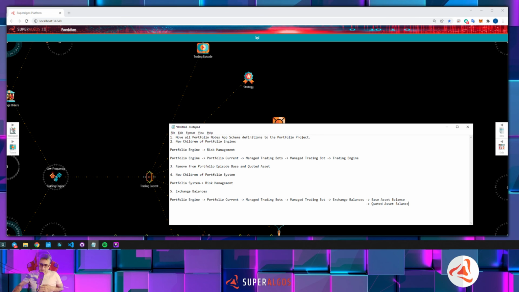We need both. And just like that, it would be enough. We got the information under each of the trading bots.